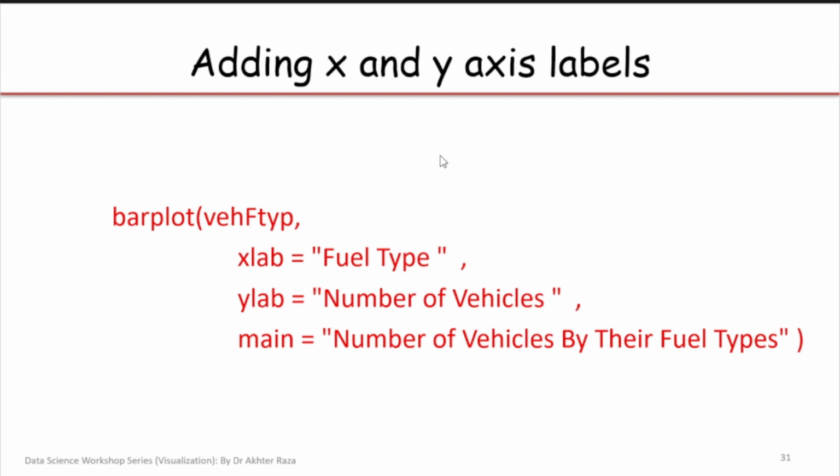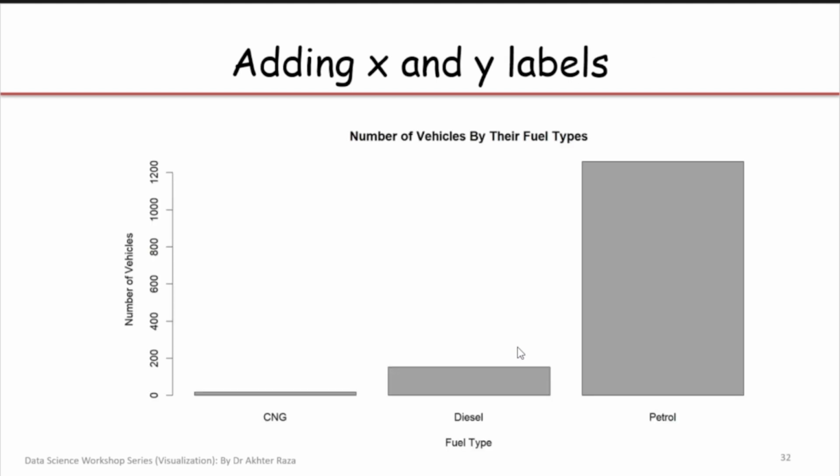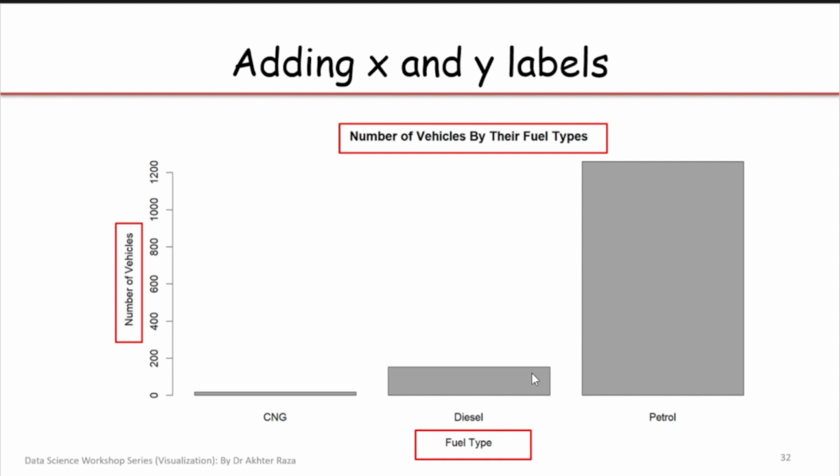So this is the barplot command with the extended functions. In every graph we can have the X label, the Y label, and the main title in the same way. And the output will be this: this is your X label, fuel type, this is your Y label, and the title. The three elements are there.